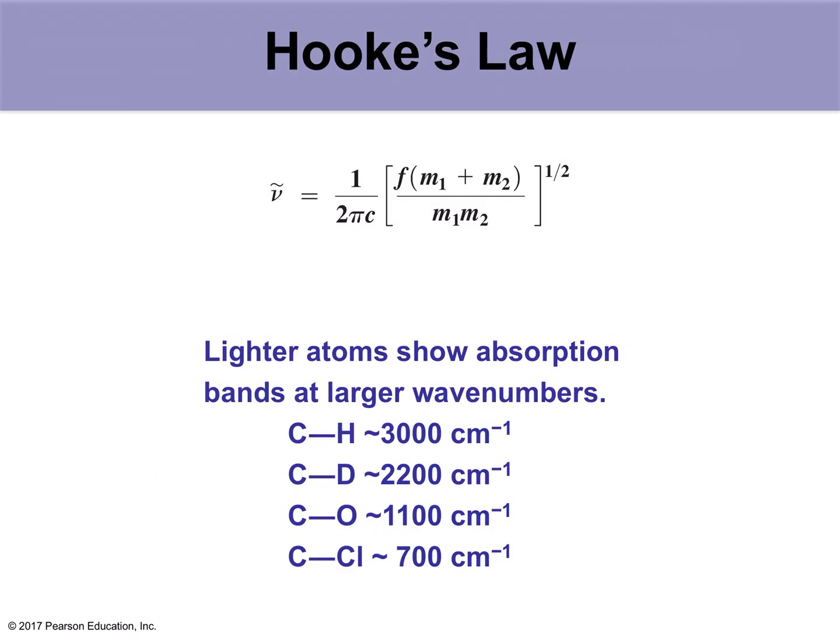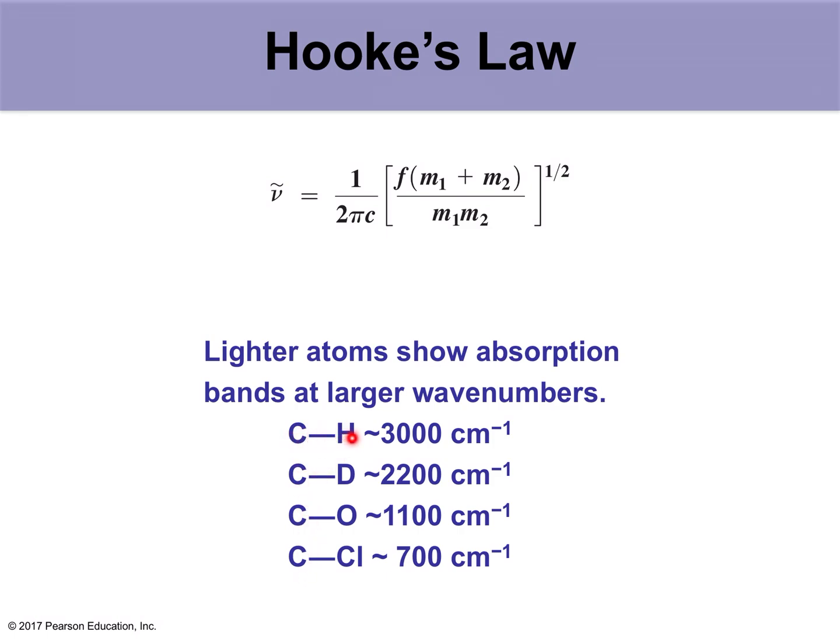And then we also have different masses of atoms. Now, lighter atoms show absorption bands at larger wave numbers. So you have all of these are carbon. Hydrogen attached to carbon.